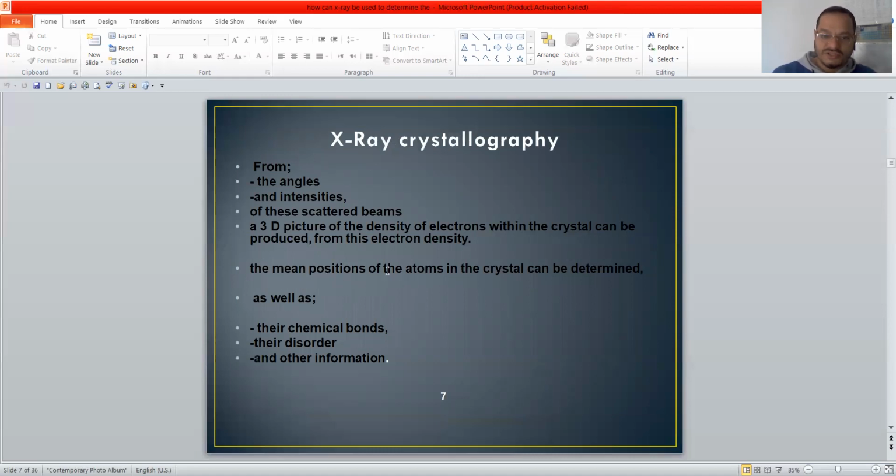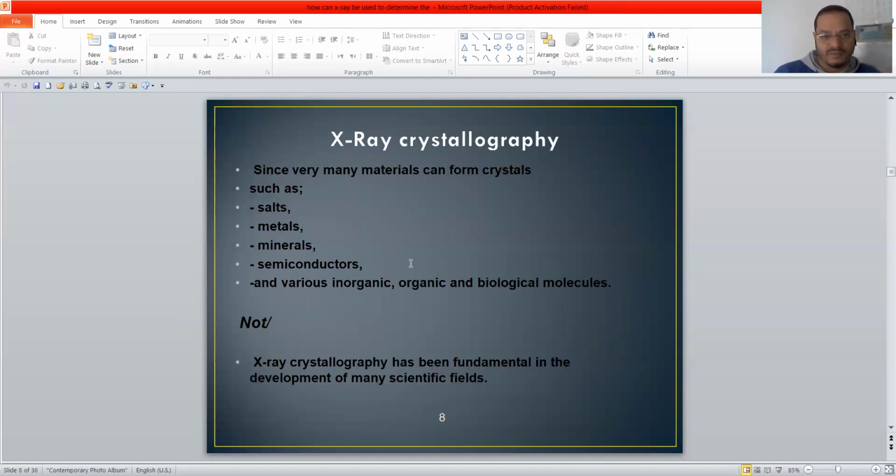The mean positions of the atoms in the crystal can be determined, as well as their chemical bonds, their disorder, and other information. All of these positions have a meaning for any atom in the crystal. By these positions, we can determine qualities related to their chemical bonds and disorder, and much other information.